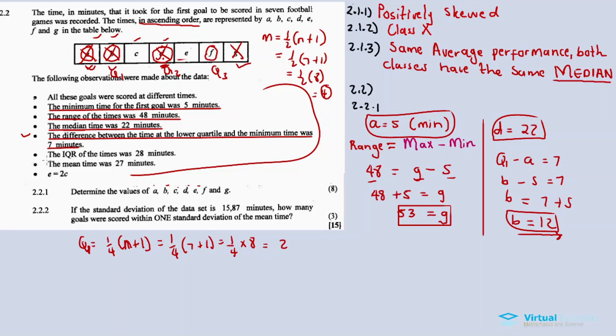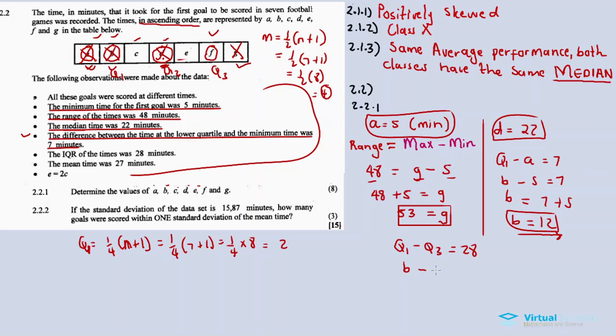So the next bullet point: the interquartile range was 28 minutes. So Q1 minus Q3 is equal to 28. So Q1 would be minus Q3, which is F, right? To the right of D, it's 3 data sets. In the middle of the 3 data sets we find Q3.